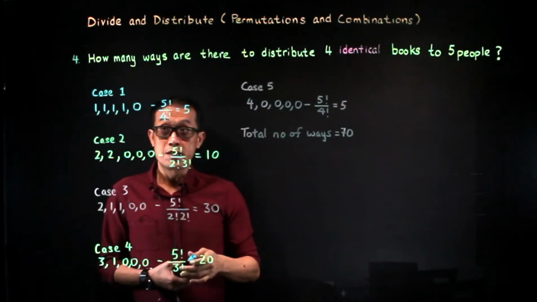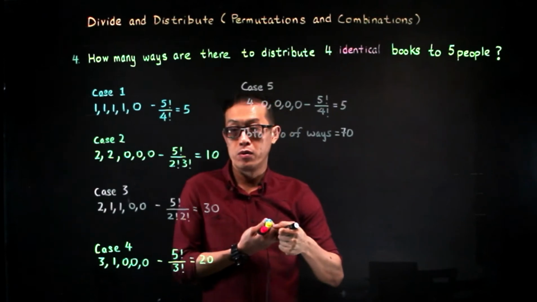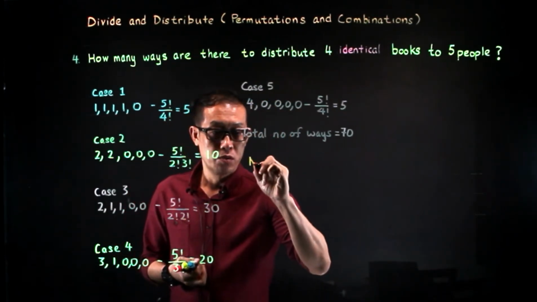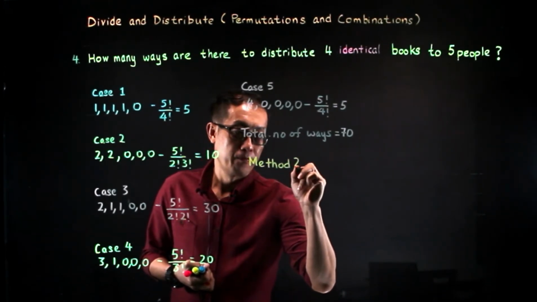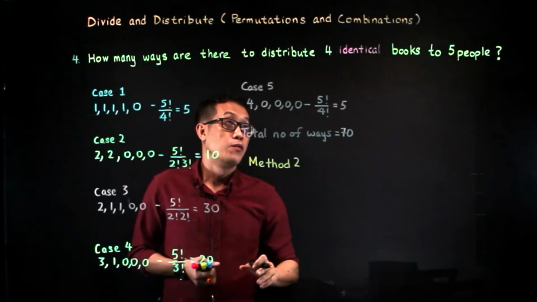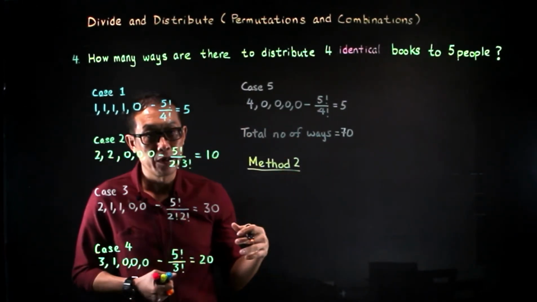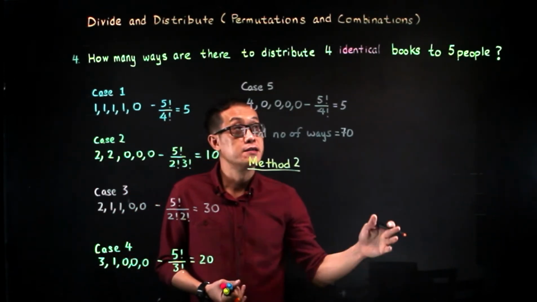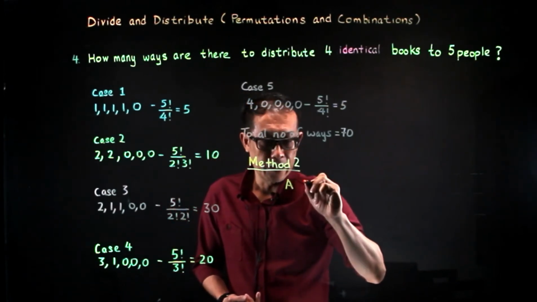Now, this is method 1. What is the other method which I'm talking about? So I have method 2. Now, 4 identical books. This method is useful for when you want to divide identical objects. Just like in this case, you have 4 identical objects.